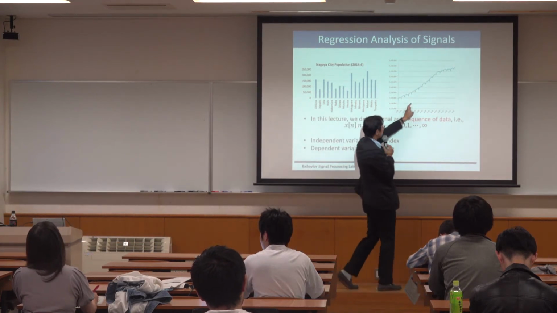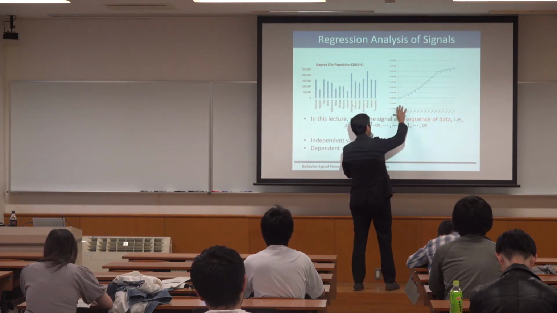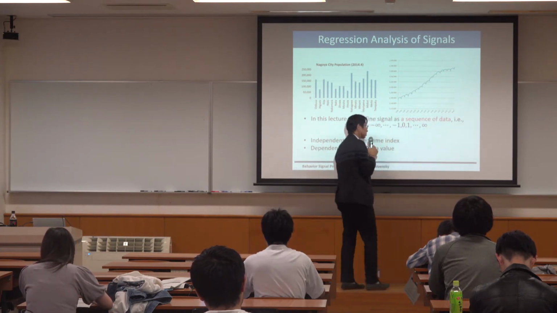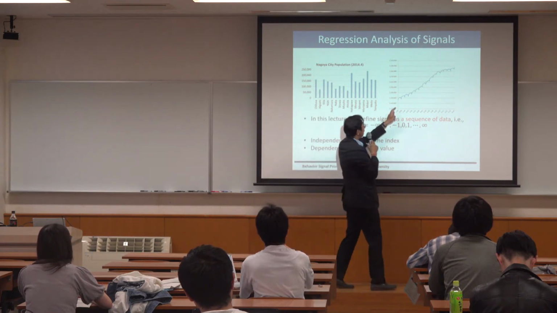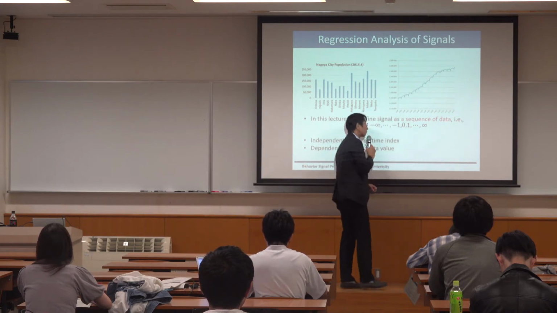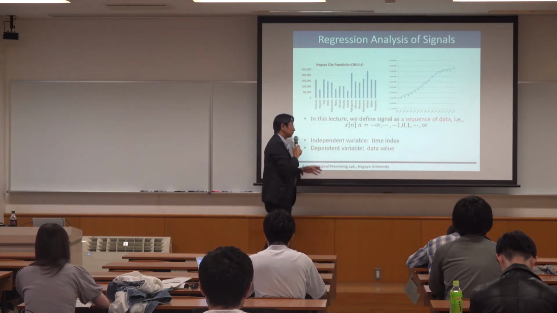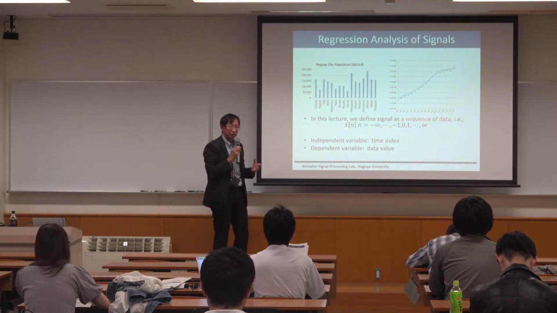And this was an example of a sequence of data of the Nagoya city population. Then we discussed the trend and average and also the fluctuation, and we discussed how to model the data.